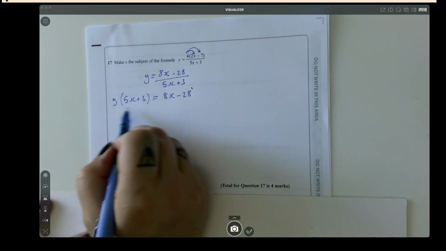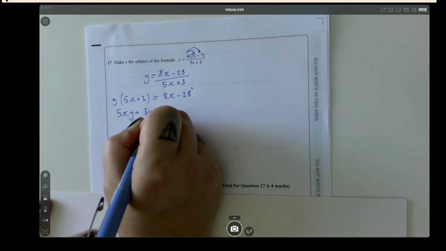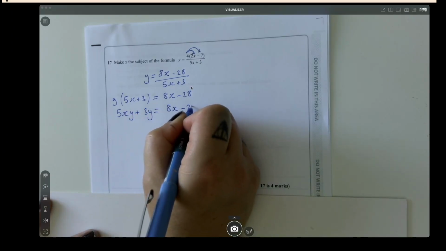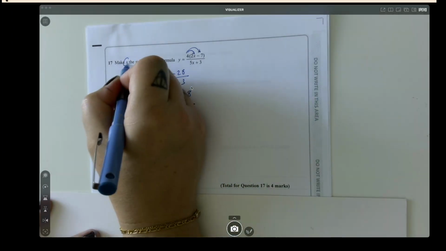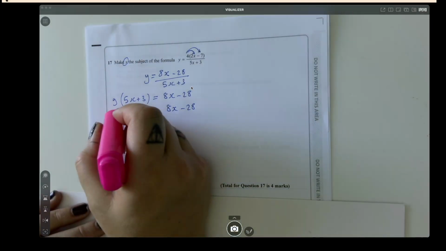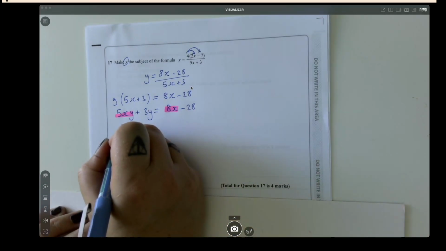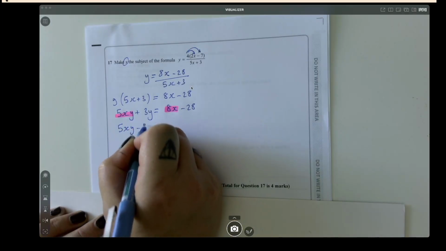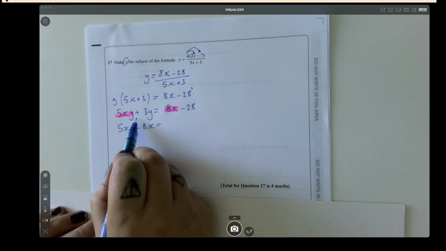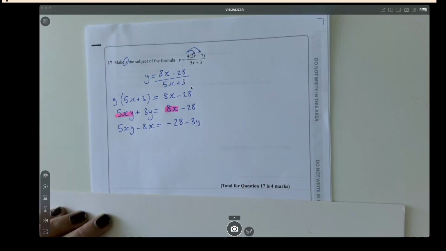I'm now going to expand this bracket. So I have 5xy plus 3y equals 8x subtract 28. I'm making x the subject, so any terms that have x in, so it appears here and here, I want them to be on the same side of this equation. So I'm going to subtract 8x over to this side, and then I'm going to subtract 3y over to this side.